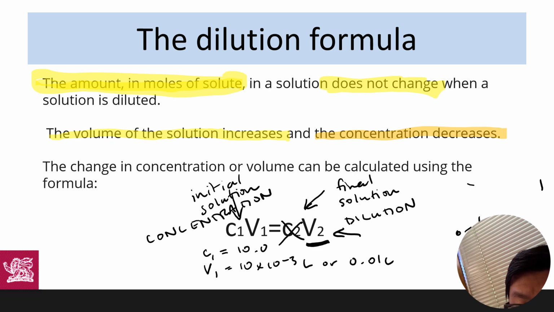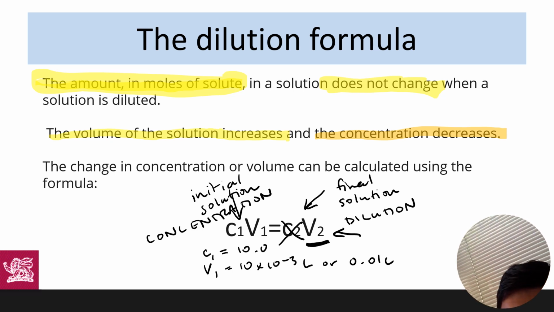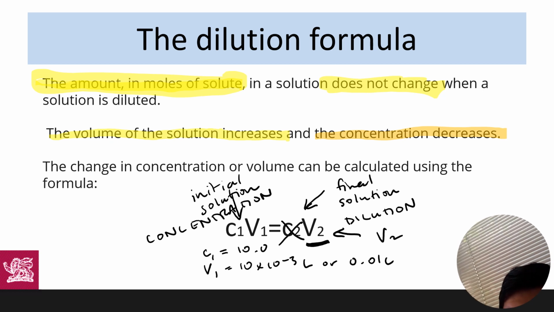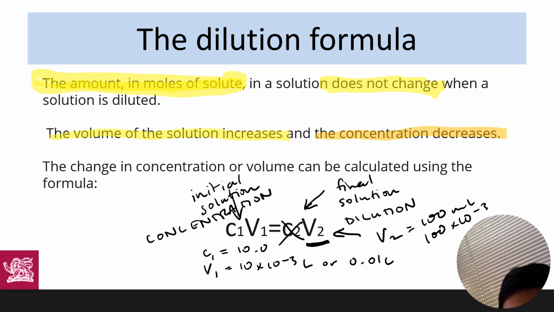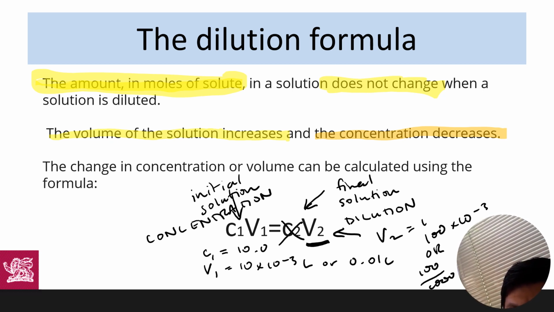So the volume we're going to use here, and making sure it's in liters, V2 was 100 mL, which we would convert by dividing the 100 by 1,000, which is the same thing. So our final volume in liters is 0.1.